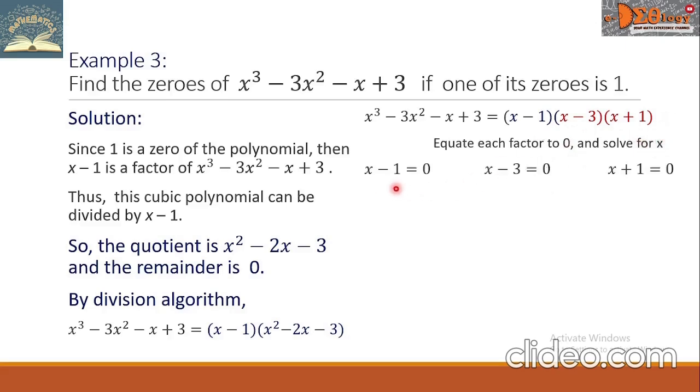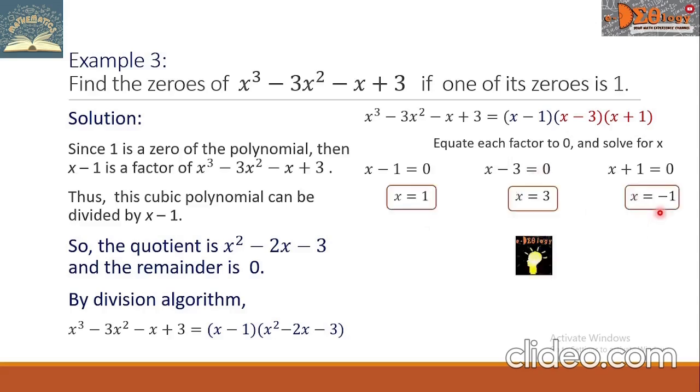So we have this x minus 1 equals 0, which is the given, x minus 3 equals 0 coming from here, and the x plus 1 equals 0. When we solve for the x, we have x equals 1, here x equals 3, here x equals -1. These are the zeros of our polynomial.